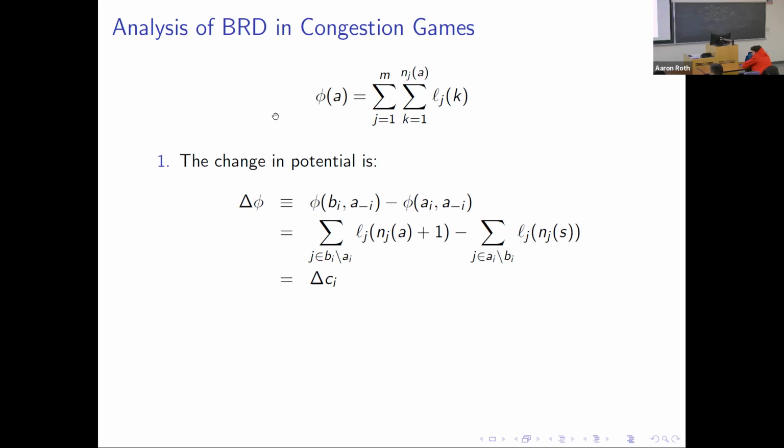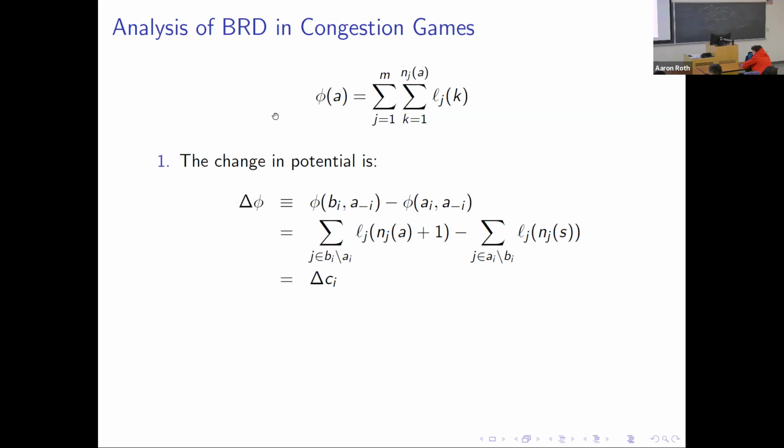So the contribution of that facility to the potential is now a sum not from k equals 1 to nj of A, but a sum from k equals 1 to nj of A minus 1. And when we look at the difference in those two sums, what is the term that has been removed? Well, it was the biggest term in the sum. It was nj of A.